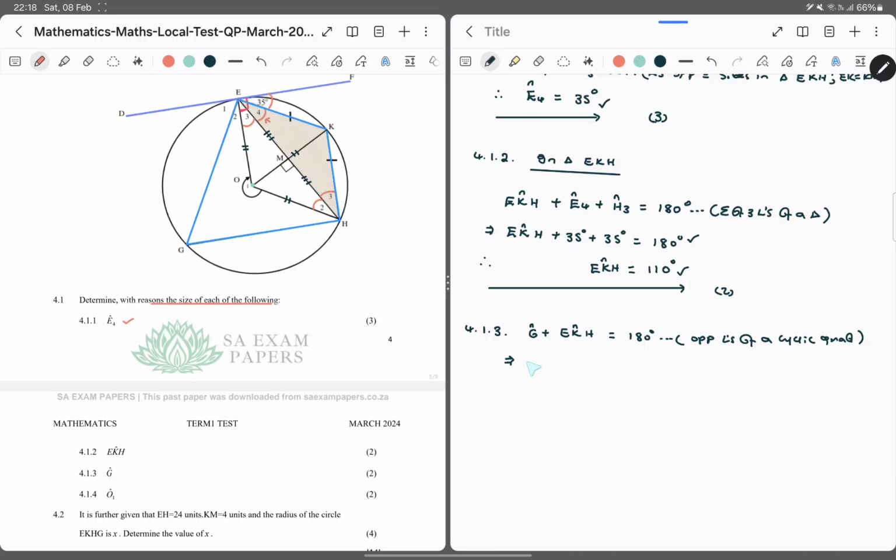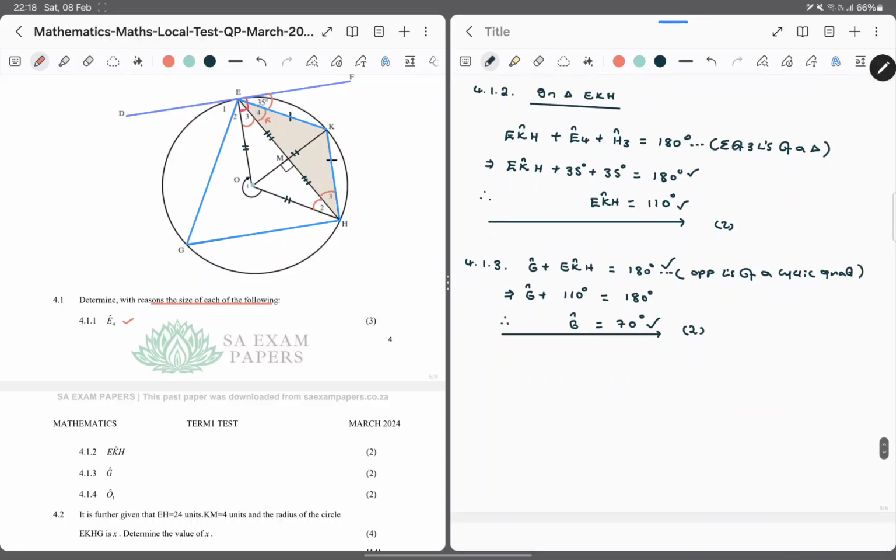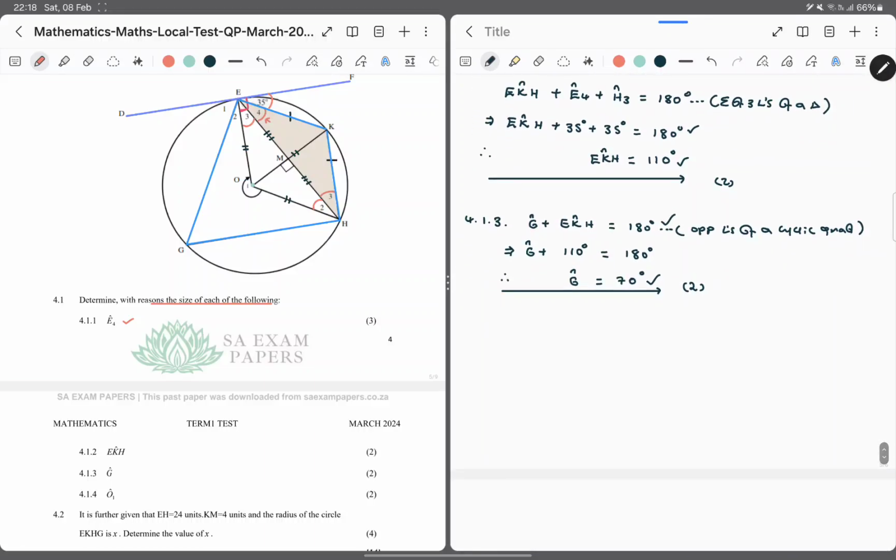So this implies that angle G plus 110 degrees is equal to 180 degrees. Therefore, angle G is equal to 70 degrees. Nice and easy. So this is a powerful statement and a powerful answer. Easy, 2 marks. Okay, can we do the last one here?